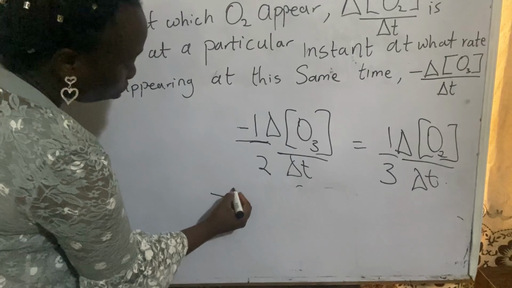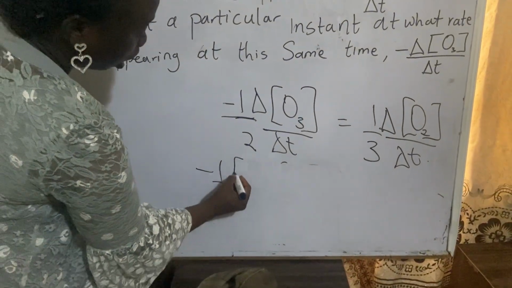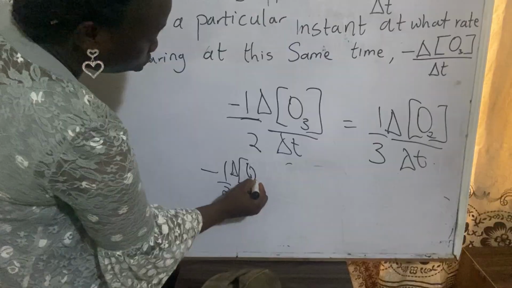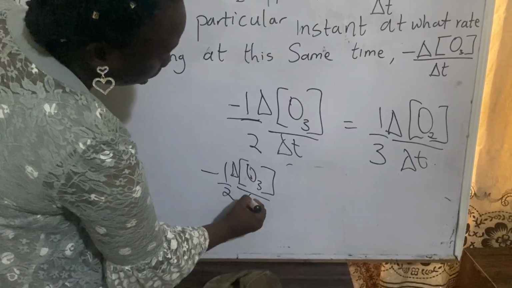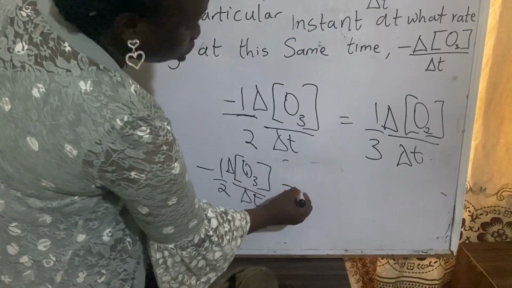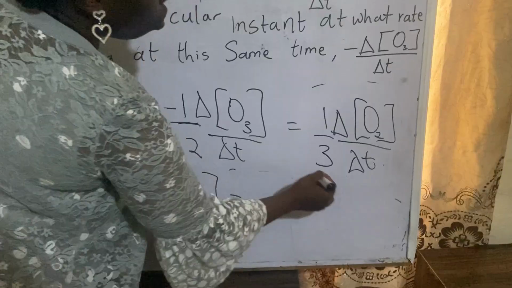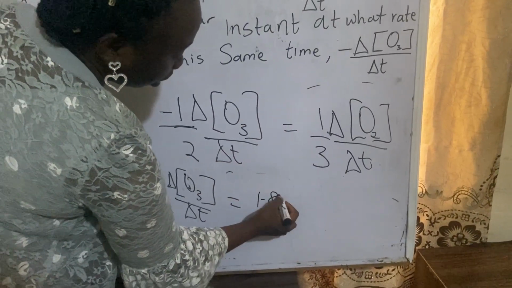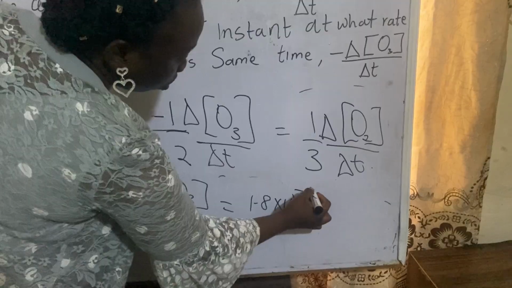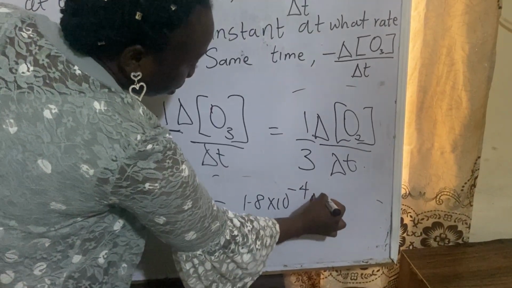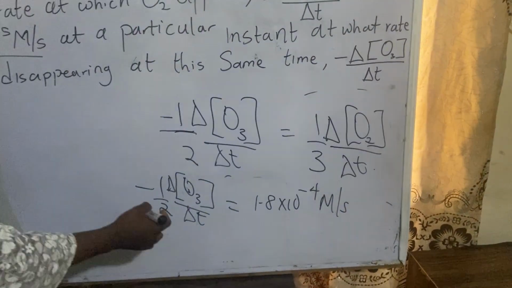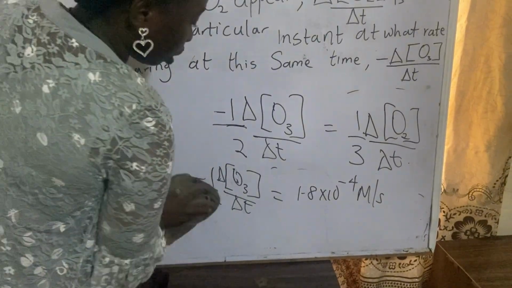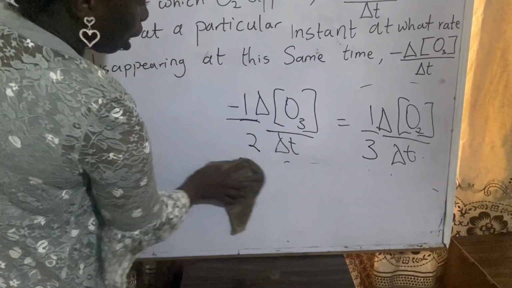It's relating by 1/2 change in ozone all over change in time equals to this value we've gotten, 1.8 times 10 raised to the power minus 4 molarity per second. So your own is to now relate it, or you can simply do it in this manner also.